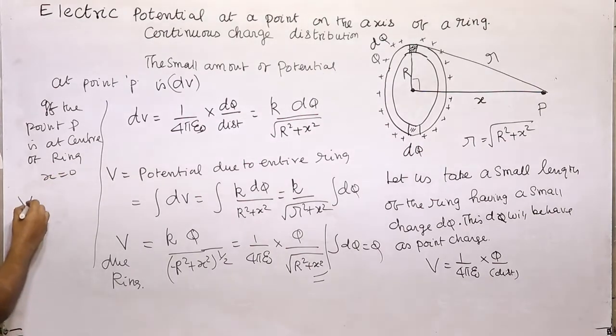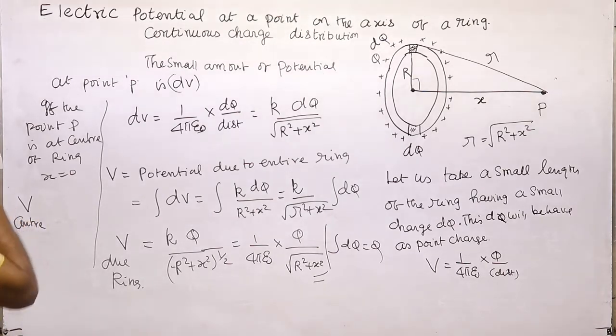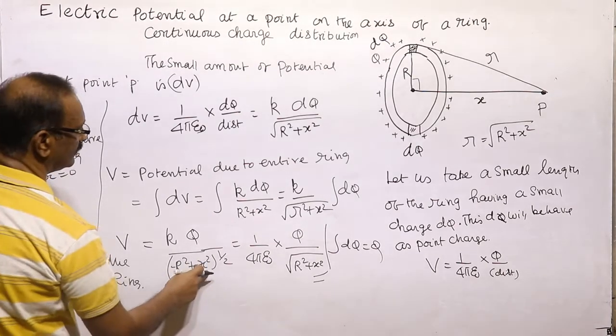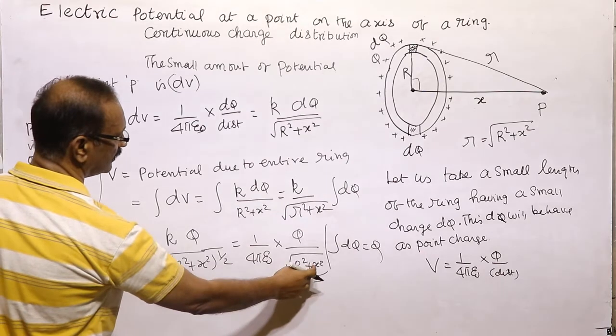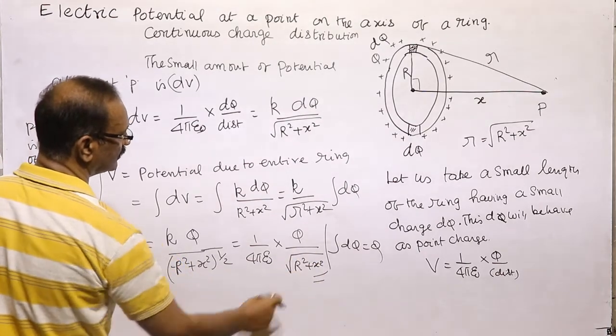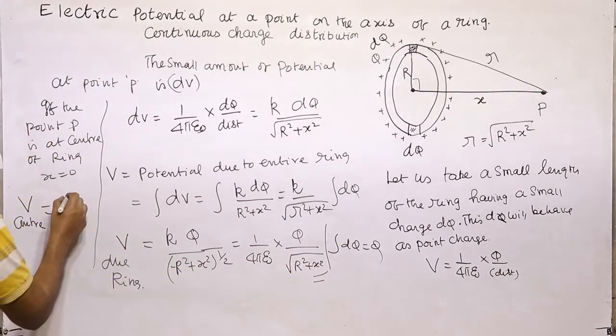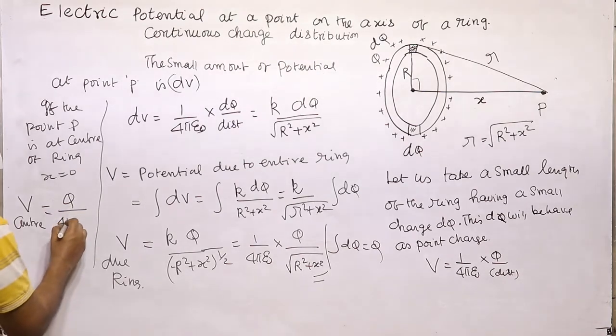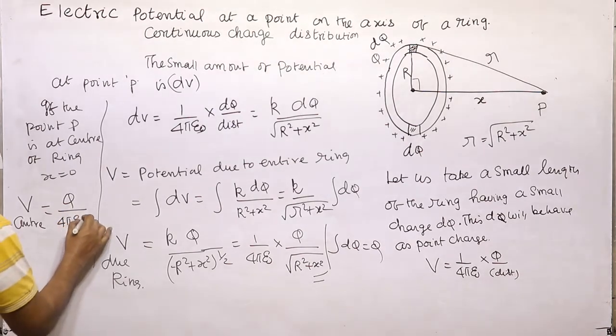Therefore, the potential at the center of the ring, with x equal to 0, becomes under root r square, which is r. So V is equal to Q divided by 4 pi epsilon naught into r.